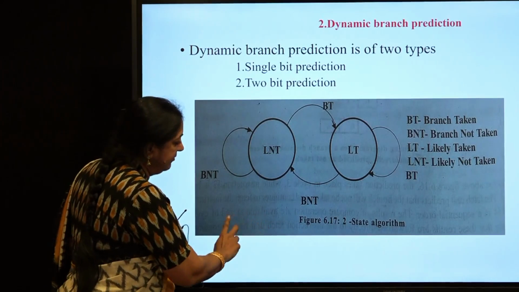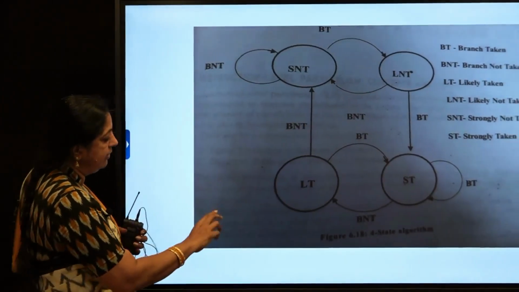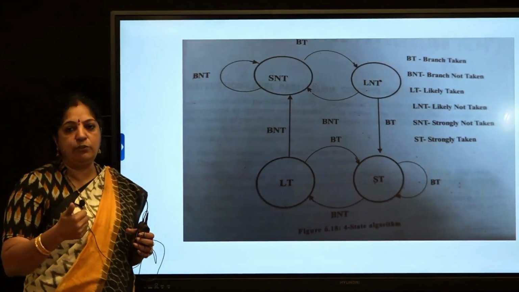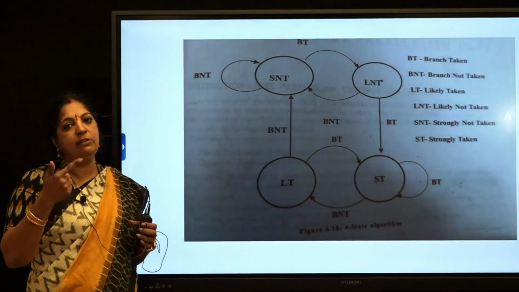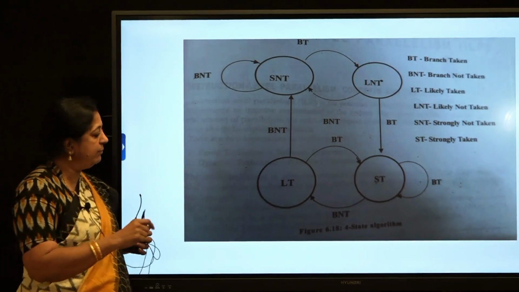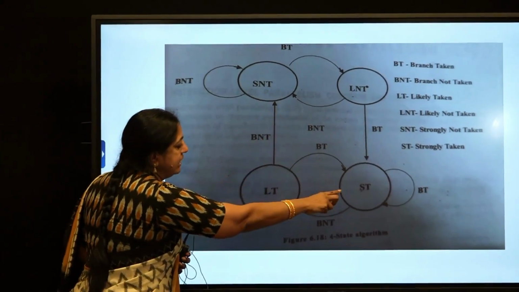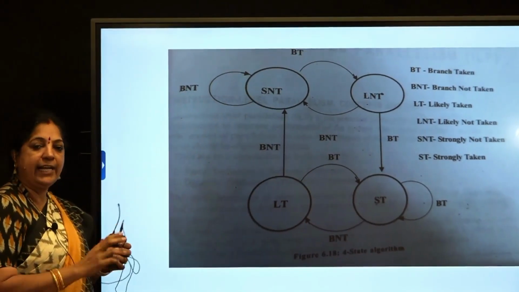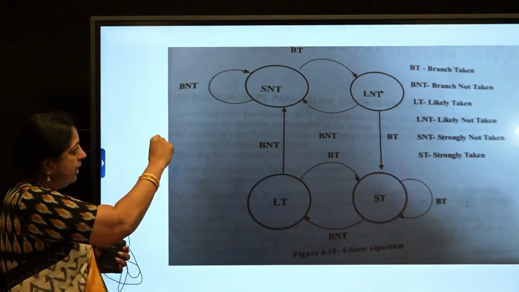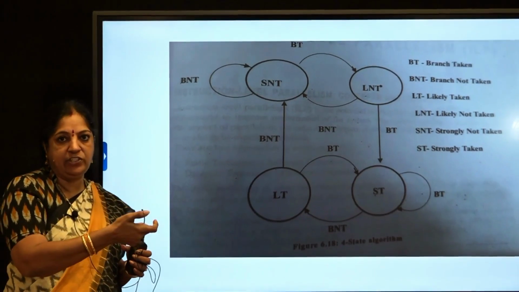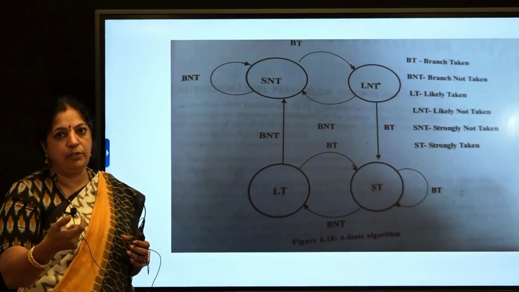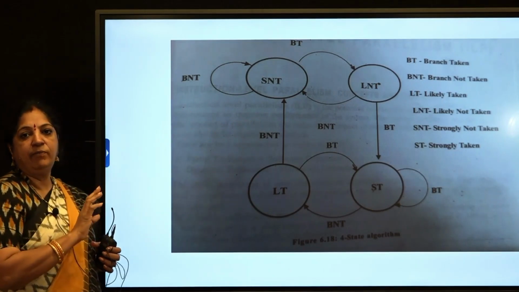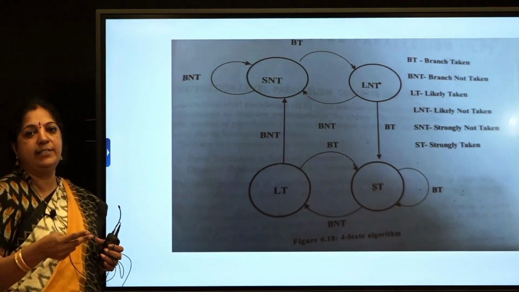In the same way as we have 2 states, we can have 4 states also. In the 4-state predictor, along with likely to be taken and likely not to be taken, apart from that we have 2 more states, strongly taken and strongly not taken. Again here also the same thing: based on the previous prediction and the actual output, the next prediction is decided, and this diagram will explain how you have to change the prediction.